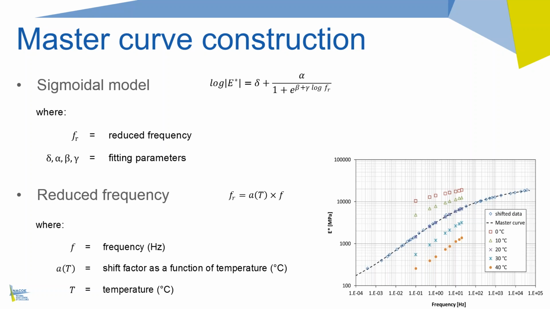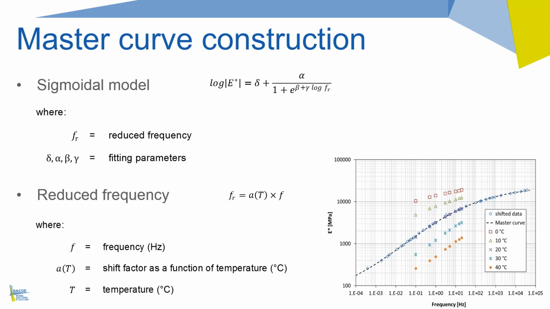So this is a bit of a full slide, but at the top it shows you the sigmoidal model. Then like I said, we're shifting the results at every temperature in the frequency domain, and for that we need the temperature shift factor, to calculate a reduced frequency. So that's the second equation. If we go back to the sigmoidal model, the parameters in there are alpha, beta, gamma, and delta, which are basically fitting parameters.